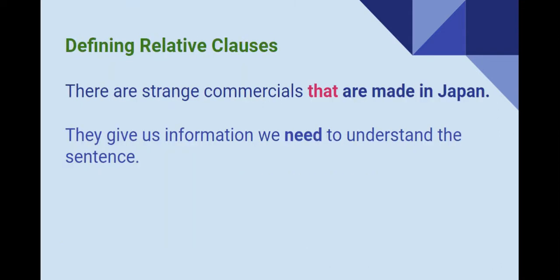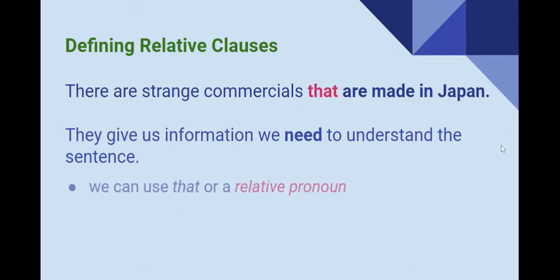Defining relative clauses give us information we need to understand the sentence. If you notice here, I am using the relative pronoun that. And if we omit the relative clause, there are strange commercials, we cannot understand the sentence, so we need it.